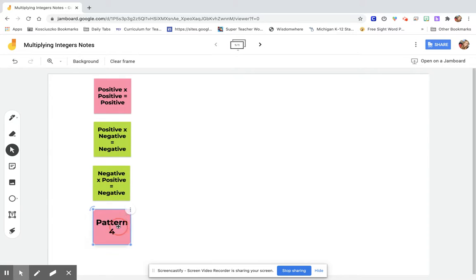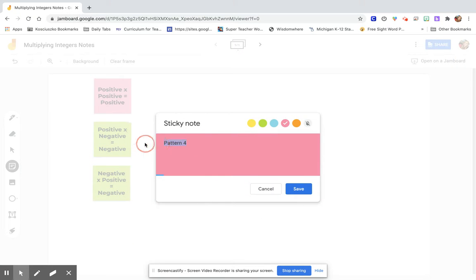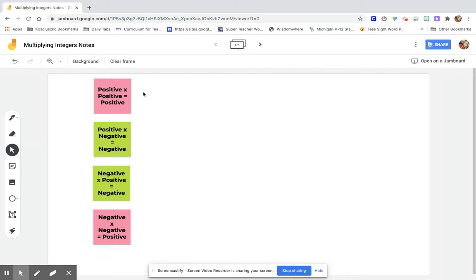And then the last one is if you have a negative times a negative, you're going to get a positive. Okay, so you need to remember, just kind of memorize those different things.